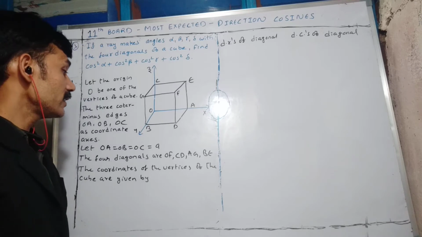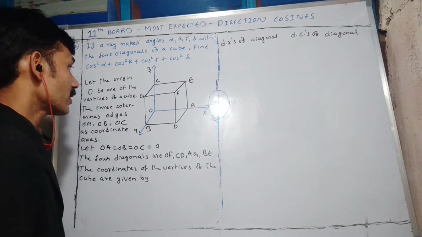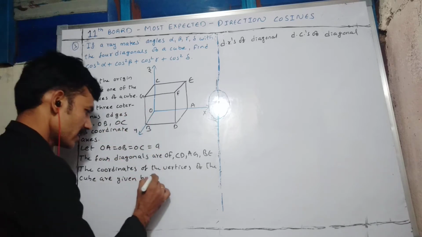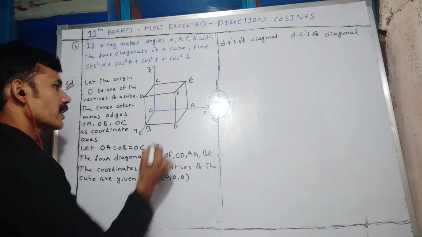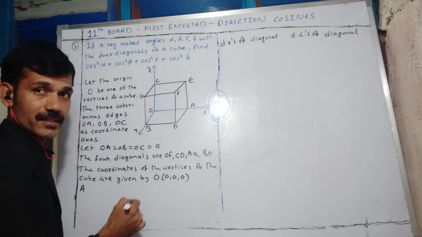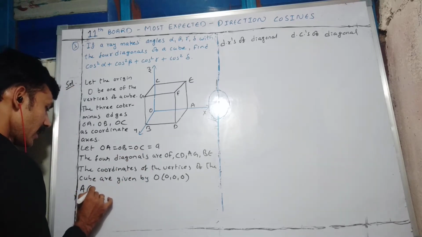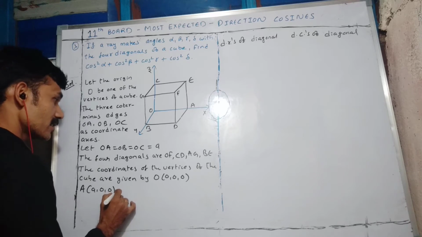Now we have to define the coordinates of the vertices of the cube. The origin coordinates we know: 0, 0, 0. Next, A lies on the x-axis, so a, 0, 0.